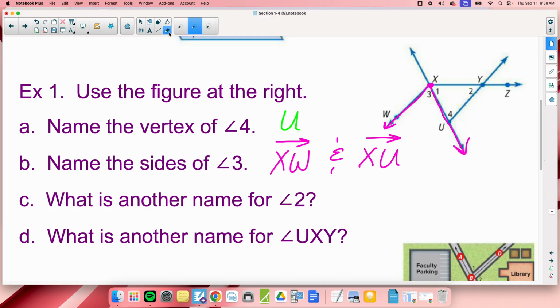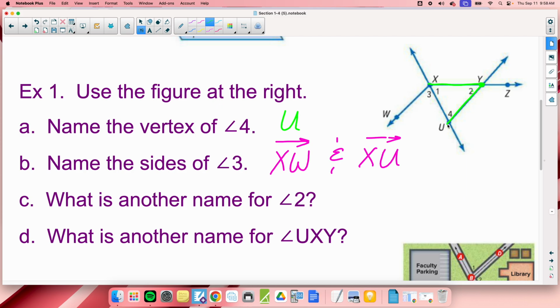Okay? Then we're going to look at what is another name for angle 2? So to realize what angle 2 is, this is the vertex of angle 2, so it would go like this. That's angle 2, okay? It says write another name for angle 2.